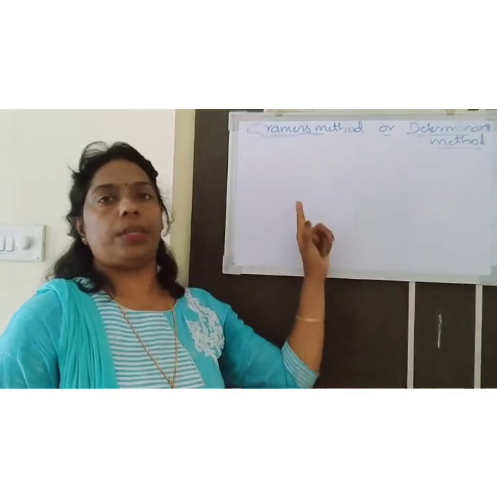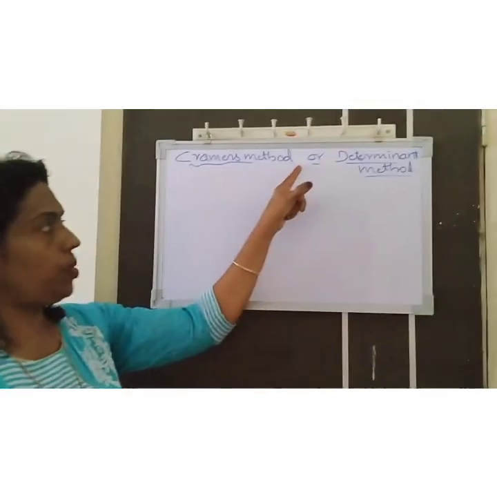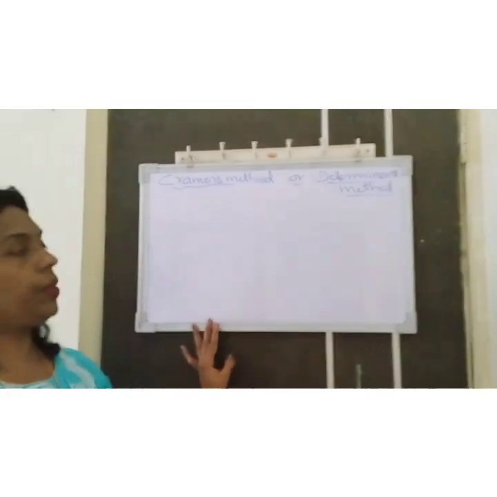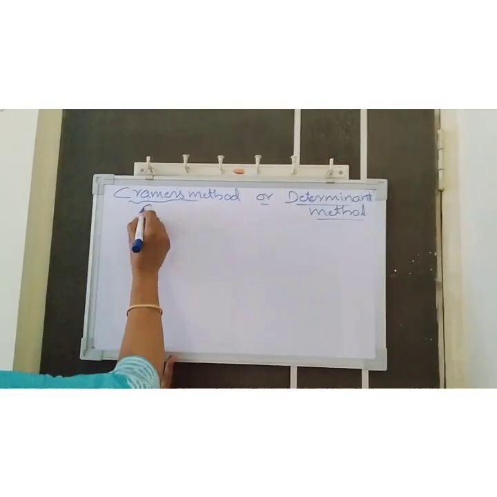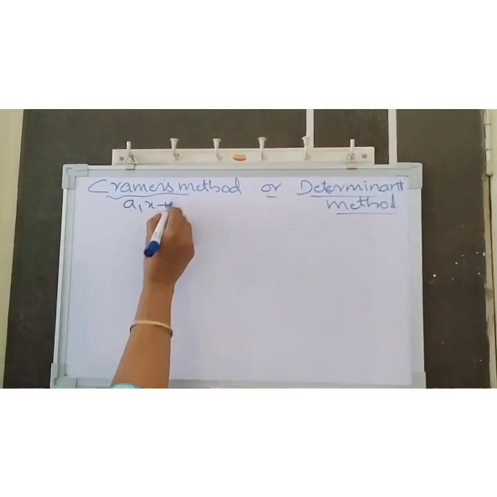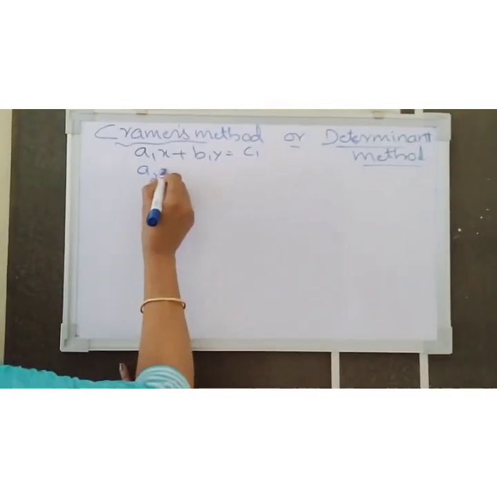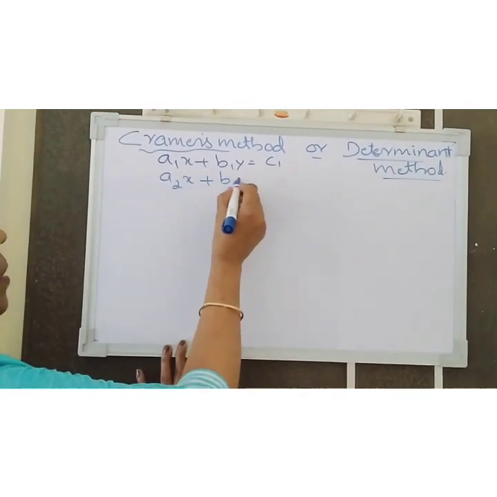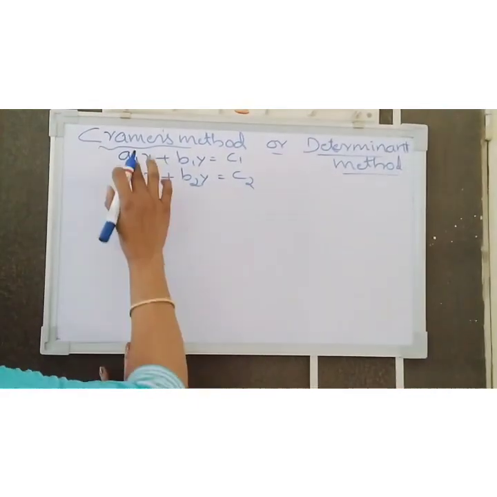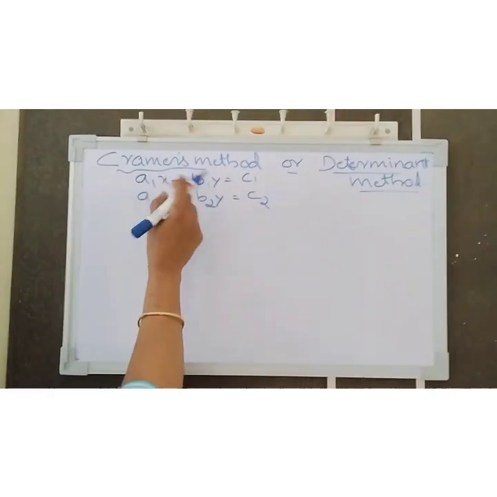To solve simultaneous equations by Cramer's method or the determinant method, the equations are written as a1x plus b1y equal to c1 and a2x plus b2y equal to c2. Here the two variables are x and y.